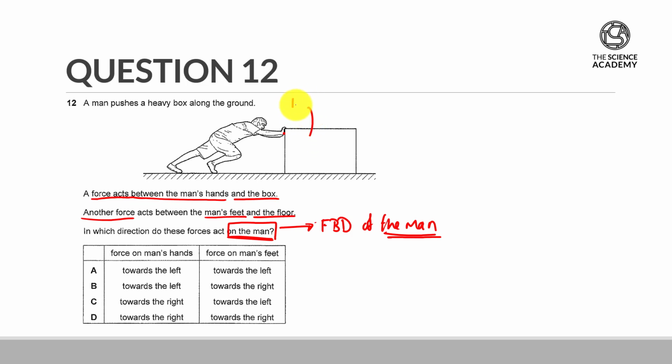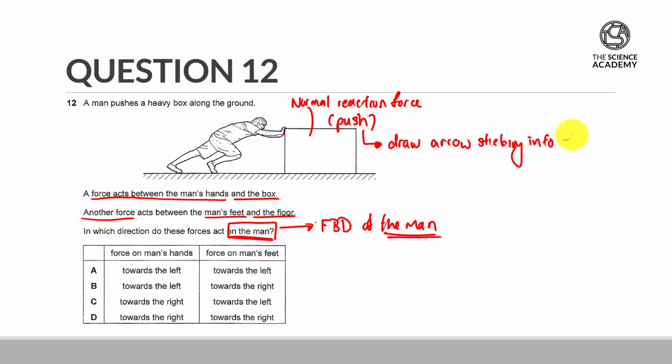And the box is going to exert a normal reaction force on the man. And we should already know by now that a normal reaction force is a push force. And push vectors, basically we draw the arrow sticking into the object.